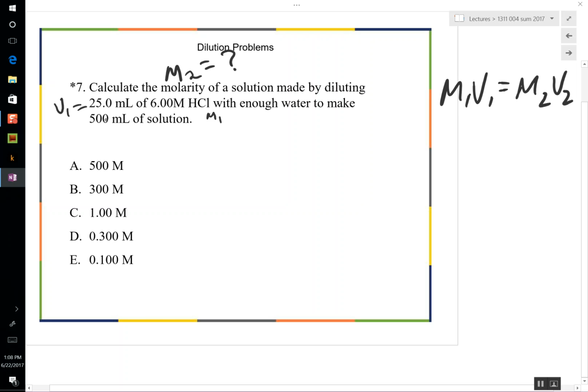M1. 500 milliliters is V2. All right? So you already know here that if you want to calculate M2, you're going to rearrange that equation like that. Calculate M2.